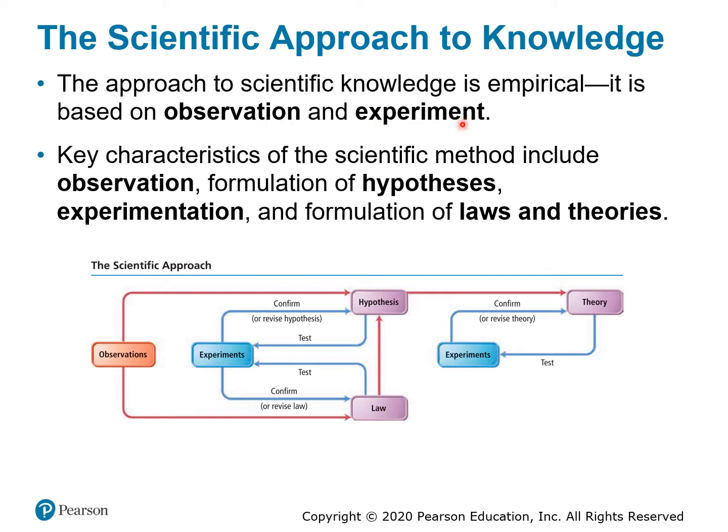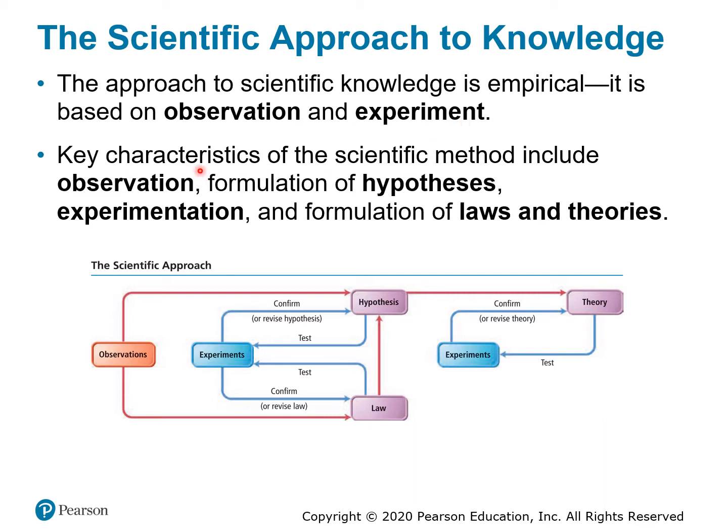So you observe something, you experiment on it, and then there are certain steps that you follow. A scientific method is a process for understanding nature by observing nature and its behavior, and by experimenting to test those ideas or hypotheses.